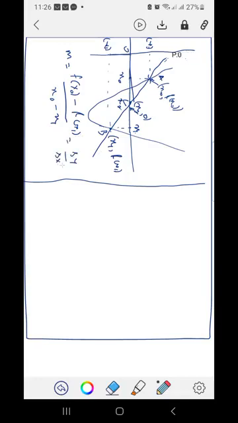Now let's consider point A and point C. The line still passes through them, so m is still going to be the same m because it's a straight line.